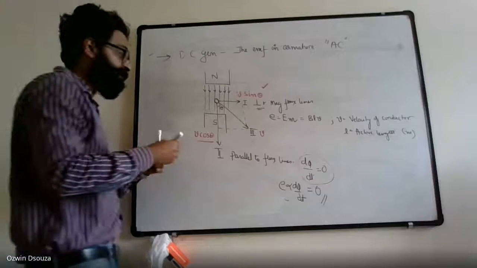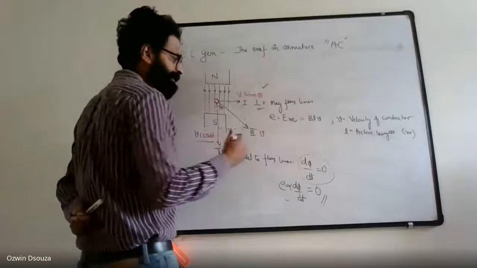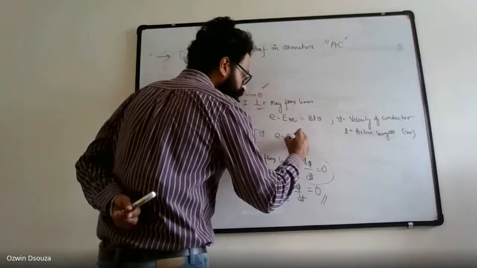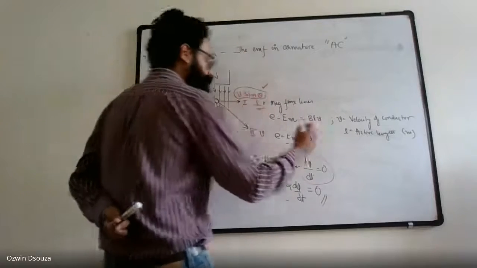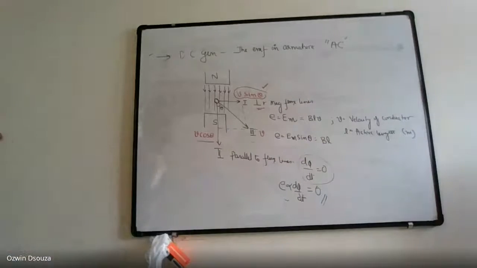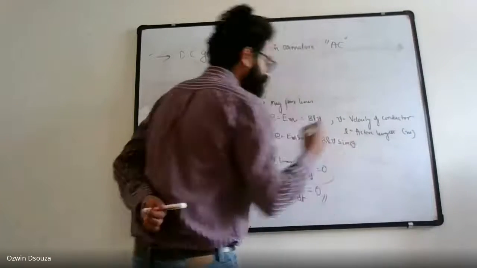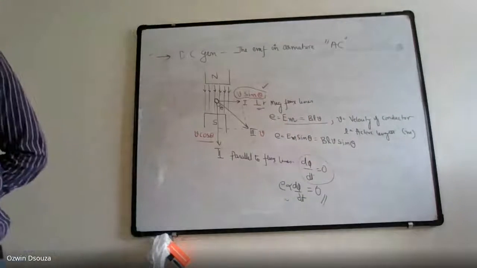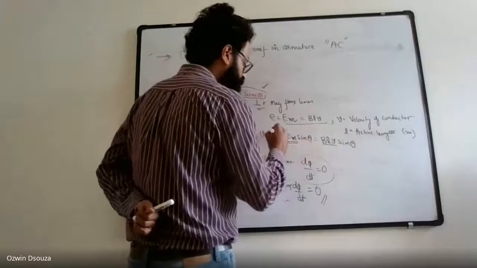And therefore, the induced EMF, when the conductor is inclined at an angle theta, can be given as E is equal to Em sin theta, which is actually E is equal to B into L, that is flux density into active length, into the velocity component, that is V into sin theta. We already know that BLV is a constant, which refers to Em. Hence, this BLV can be replaced with Em.